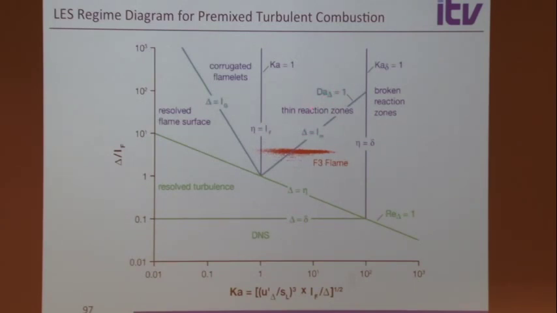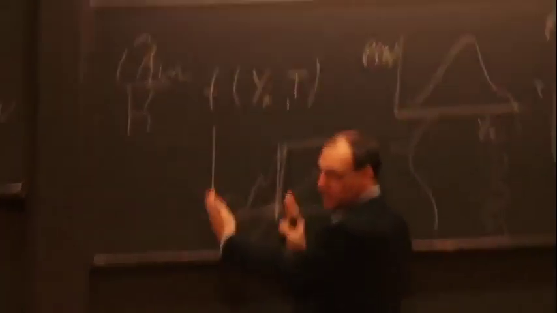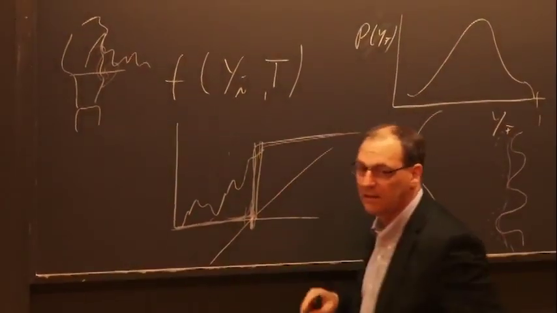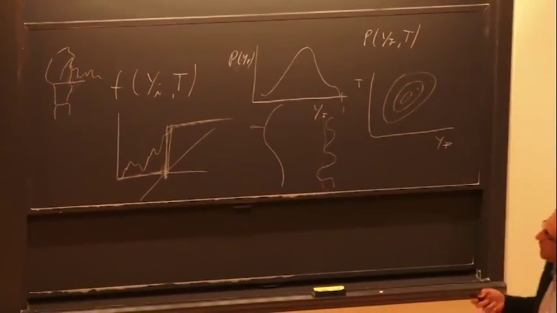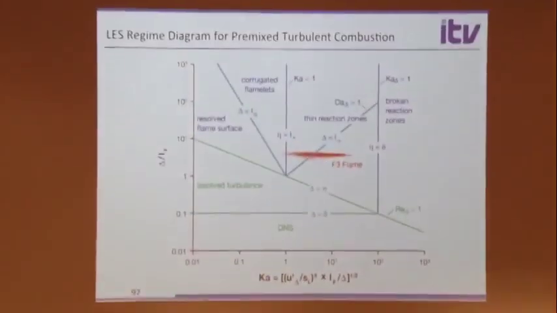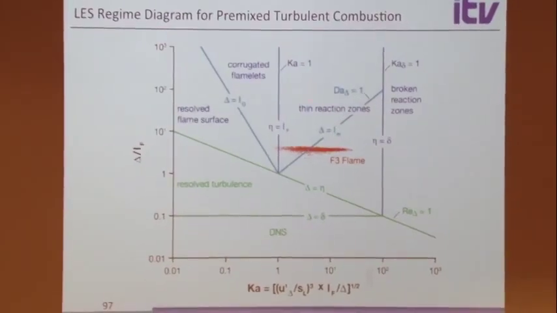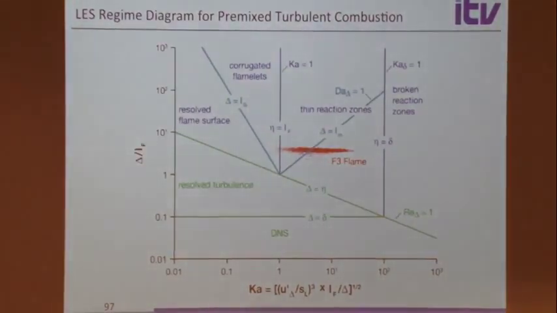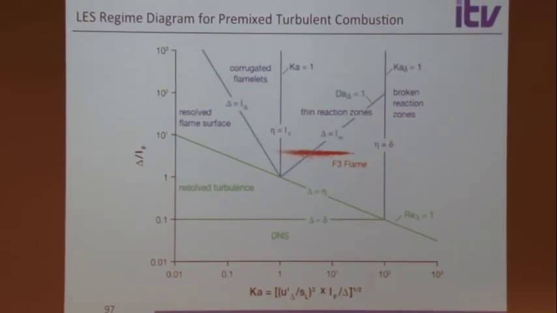So if I'm here, then the flame is still so thin that all this broadening is on the subfilter scale. My filter is larger than even the broadened flame. But if I go in this regime, then some of the flame is resolved. Then my filter becomes smaller than the thickened flame, and now I resolve some of the thickening of the flame.